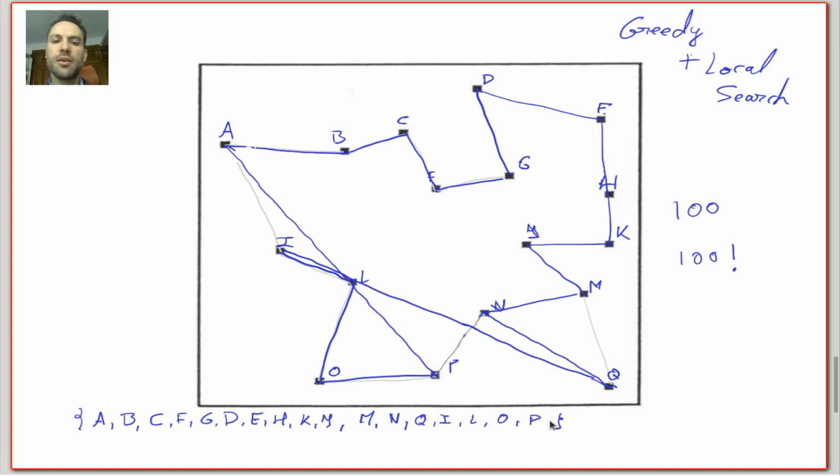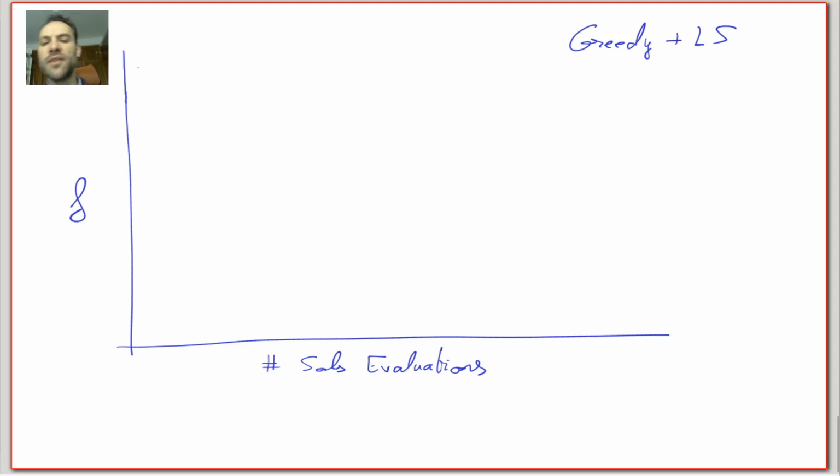And here comes the drawback of this procedure. If it is improbable or unlikely to obtain the optimal solution, the problem is that the greedy constructor takes a lot of deterministic decisions.